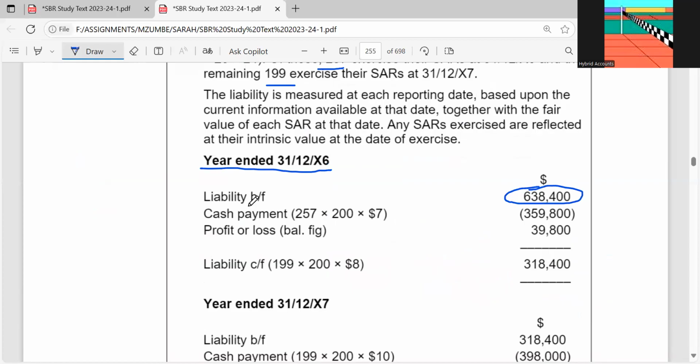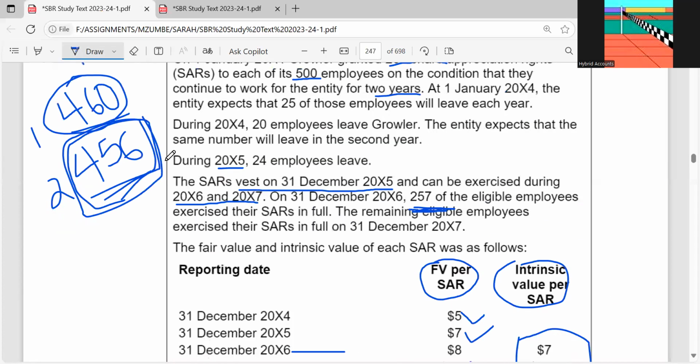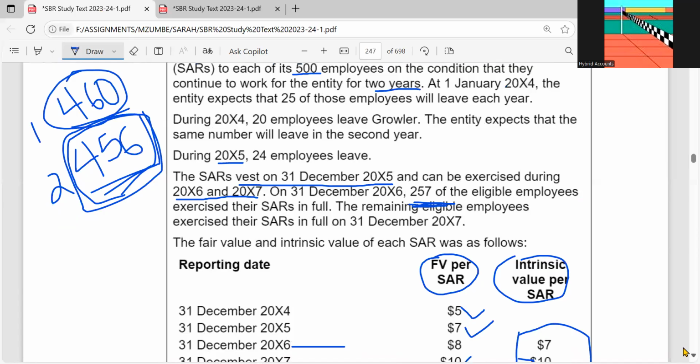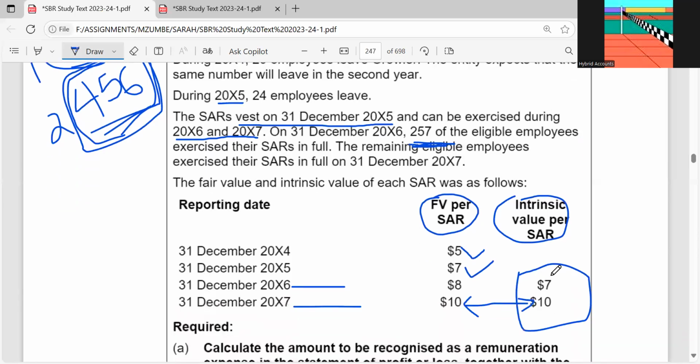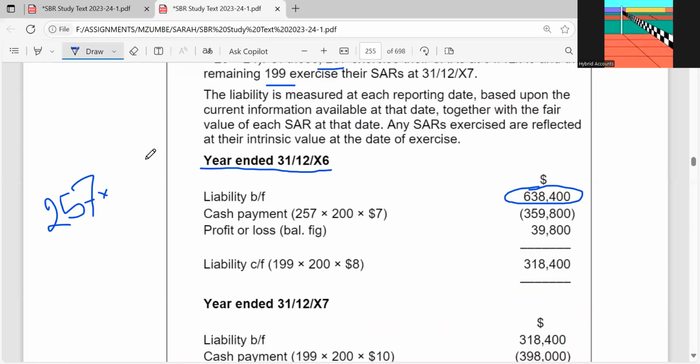right? How many people am I going to pay? We said it's 257 exercise, so I'm going to give cash to 257 what? Employees. At what price am I going to pay? We said we settle at intrinsic value. At 20x6 now, the intrinsic value is 7. So you say 257 times 7, right?